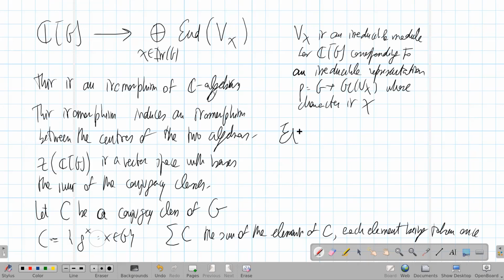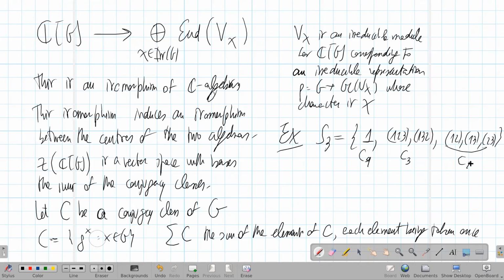So let's consider an example for clarity. We have S3. S3 has three conjugacy classes. One is the class of the identity. One is the class of the elements of order 3. As usual, it's a symmetric group, so it's the type of permutation that determines its conjugacy class. So this is a class, let's say C0. This is C1, made of elements of order 3, and then you have the elements of order 2.